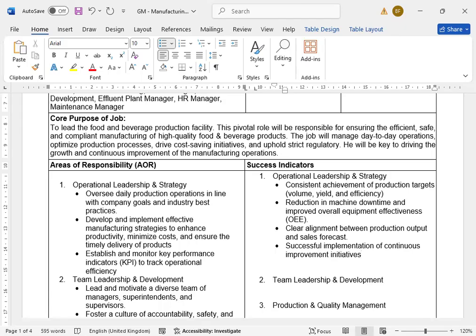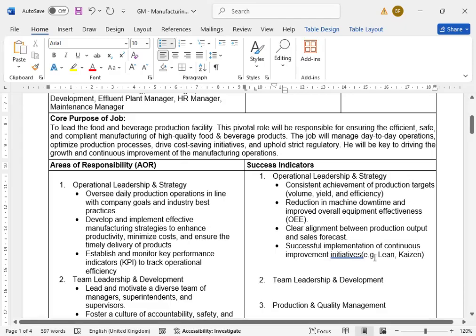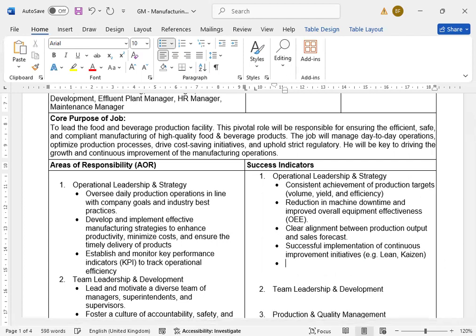Okay, I'll give you an example, e.g., lean manufacturing or Kaizen. All right, initiatives. Okay, what else?